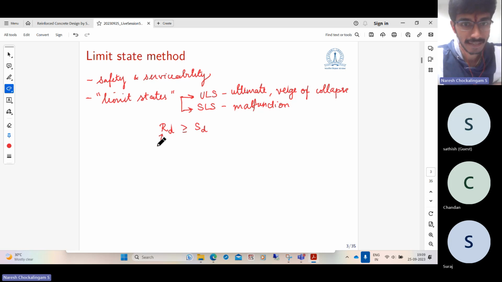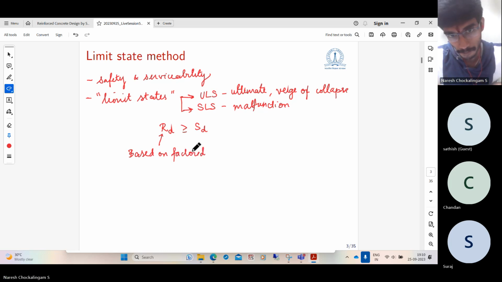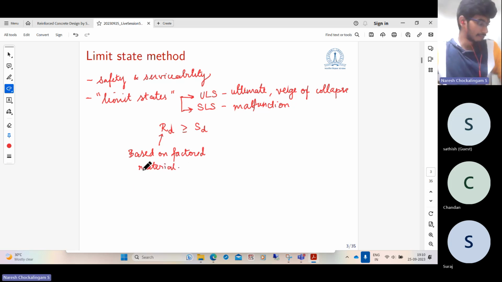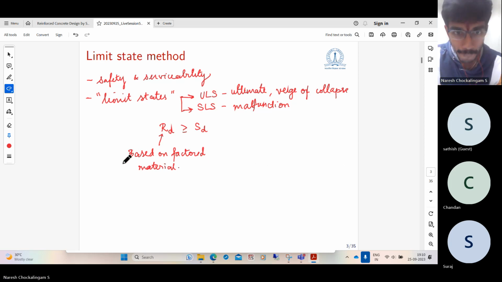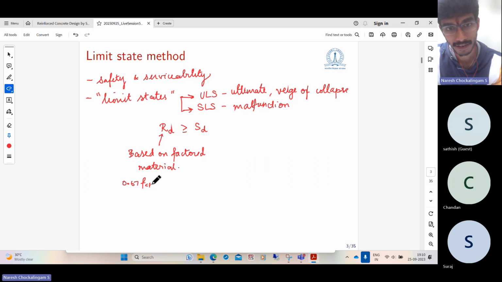So RD is the resistance obtained for a member based on factored material strengths. In the case of reinforced concrete, we take the factored strength of concrete as 0.67 fck divided by gamma c.